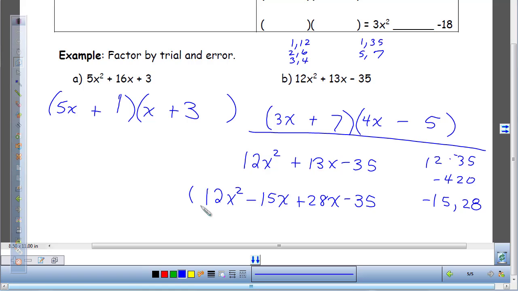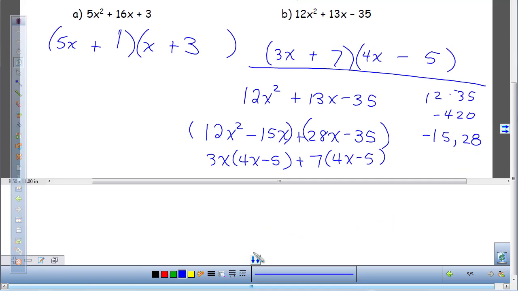And then we group the first two, group the last two. In the first two, what they have in common is what? 3x. We're left with 4x minus 5. In the second two, what do they have in common? 7. We're left with 4x minus 5.